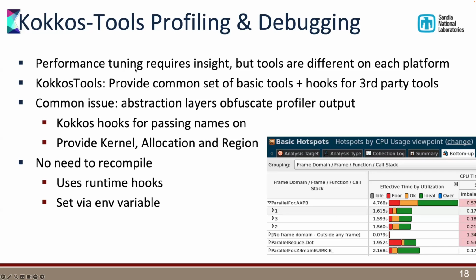Basically the Kokkos tools are setting up hooks for third parties, such as HPC Toolkit. You're going to learn about these tools. They have hooks so you can pass in the names, and then you can get more useful information instead of giant template naming conventions.